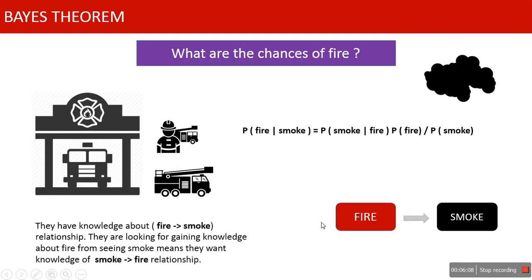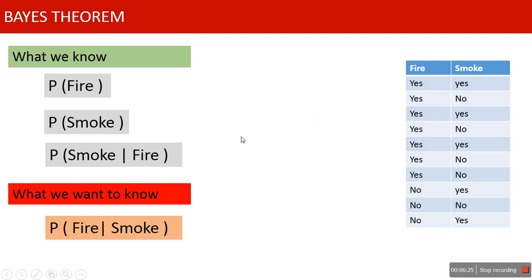In our case, we want to compute the probability of fire given that there was smoke, and the knowledge we have is, given fire, we can compute the probability of smoke. So applying Bayes theorem we are going to compute this probability.